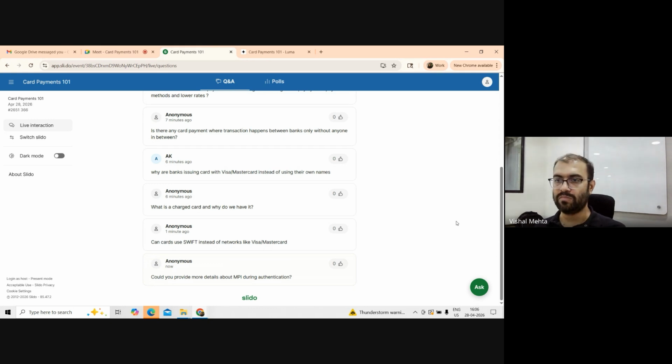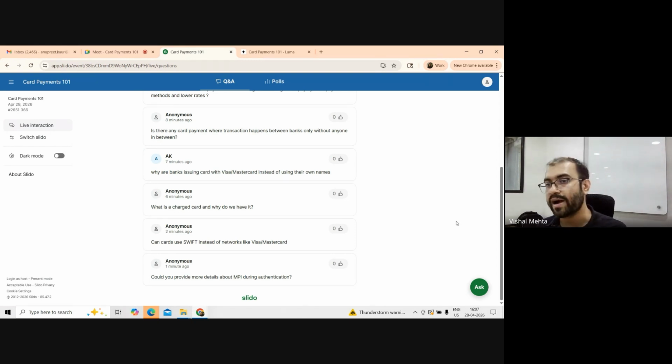Authentication, the two-factor authentication, or in olden days Verified by Visa and MasterCard SecureCode, etc. All of this technology is done by an MPI, the merchant plugin, and that merchant plugin is only between the merchant and the card network. Just like you have the acquirer between merchant and the card network, similarly you have the MPI. The acquirer does authorization, the MPI does authentication.